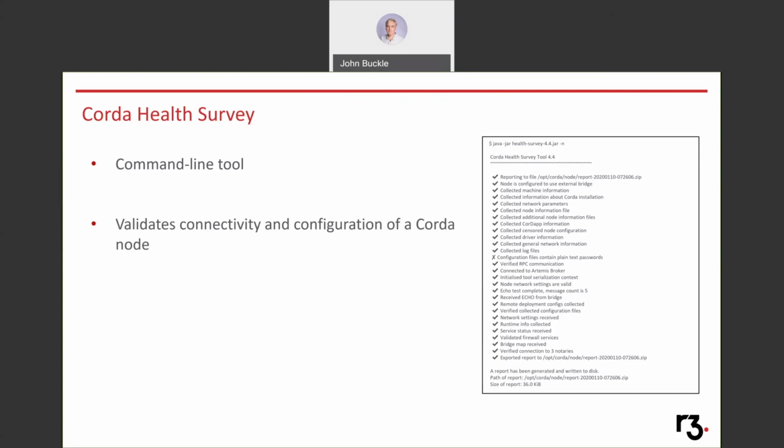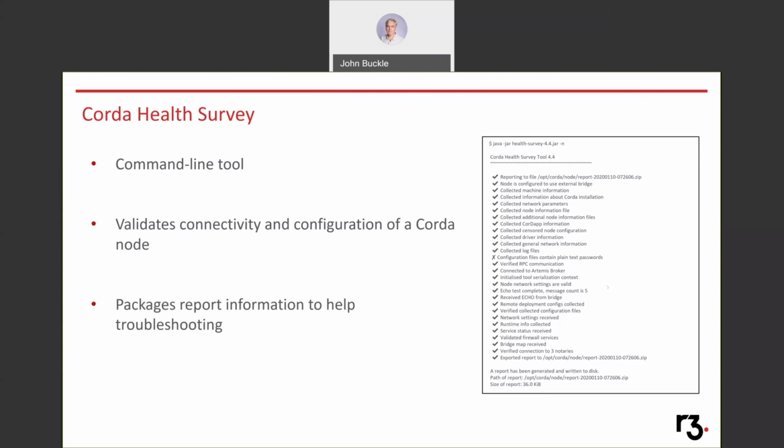It's not meant to be used as a general health monitoring tool, but as a tool to verify that your configuration is correct at the start and to analyze if anything has gone wrong. So it pulls up report information and your logs for troubleshooting, as well as the CorDapps that you are running.